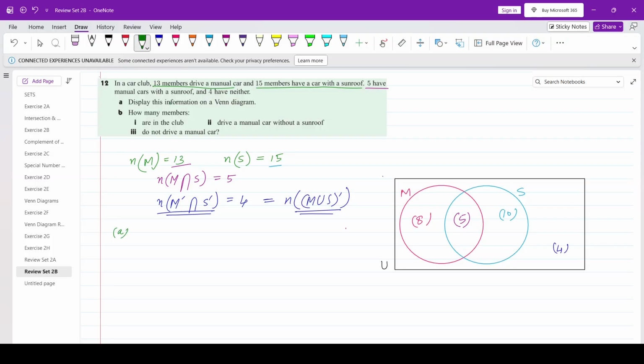Display this information on a Venn diagram. So we have already done that. How many members are in the club. So that is going to be 8 plus 5 plus 10 plus 4. This is going to be 15 plus 12, 27.